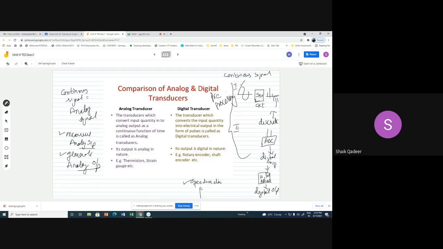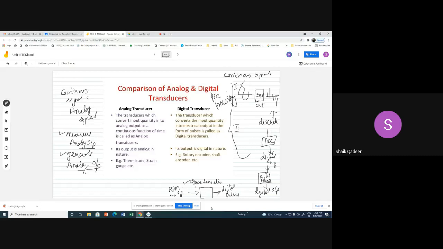The speedometer takes the RPM of our tire as input, and in return generates digital pulses, which we interpret as the speed of the vehicle.